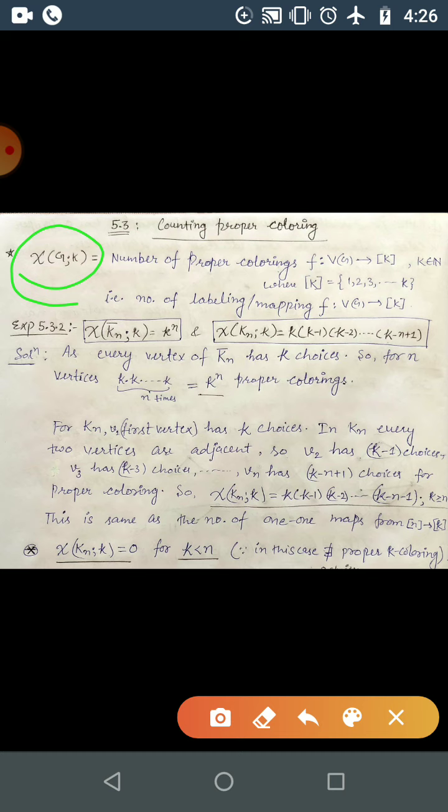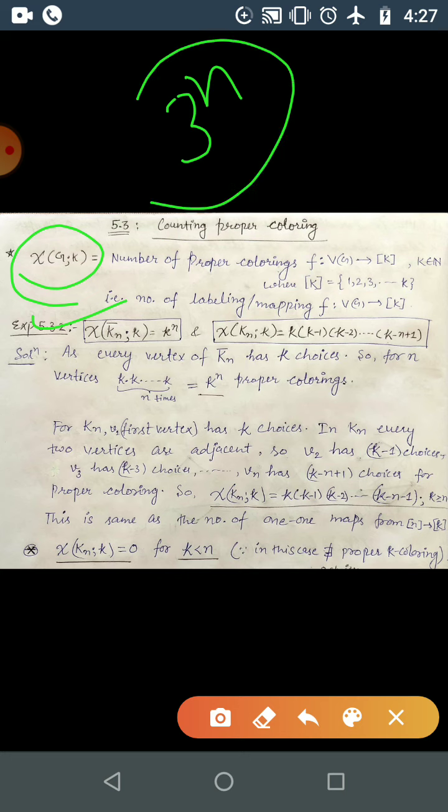So the chromatic polynomial for K5 complement will be 3 raised to power 5, because every vertex has 3 choices, so it will be 3 into 3 into 3 and so on. If you have n vertices and 3 colors, it will be 3 raised to power n, so each vertex has 3 choices, so n vertices will have 3 raised to power n choices.